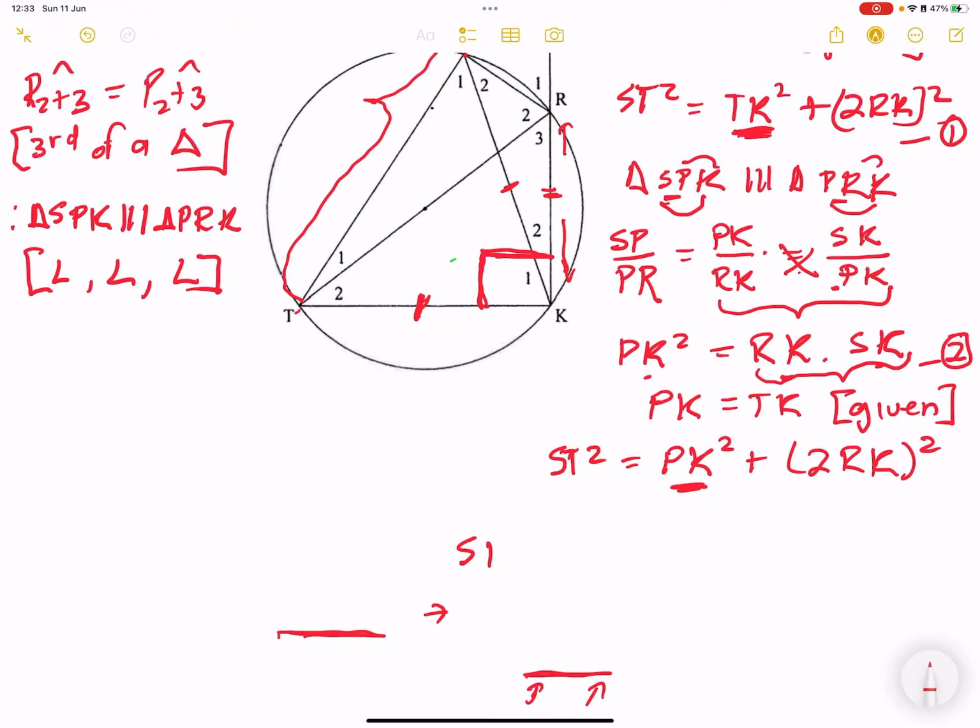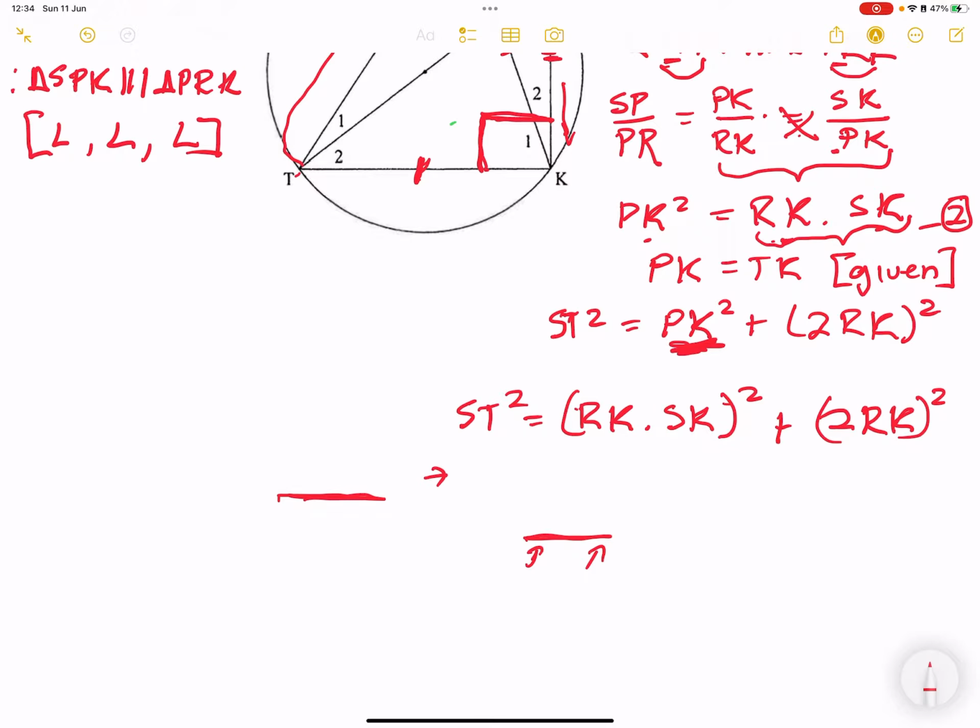So ST squared is equal to PK squared, but we know that PK is RK multiplied by SK. Remember, we've got this squared there, plus 2RK all squared. We're almost there, ladies and gents.